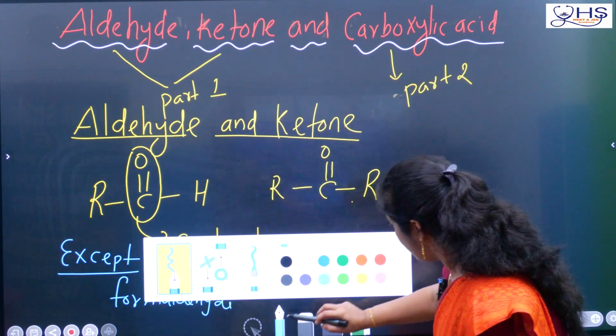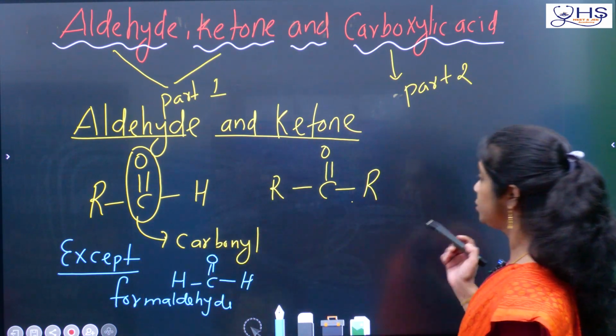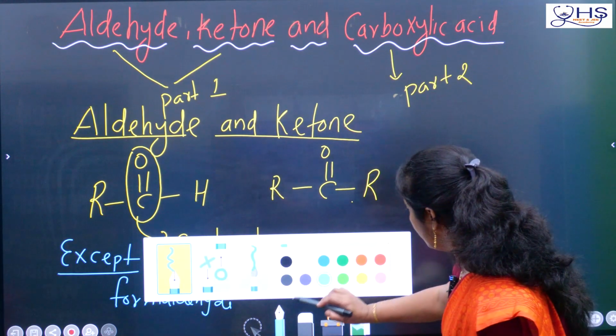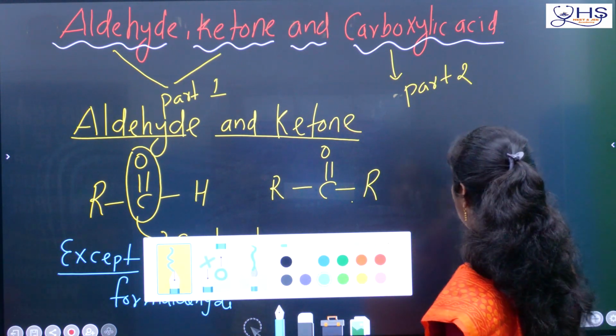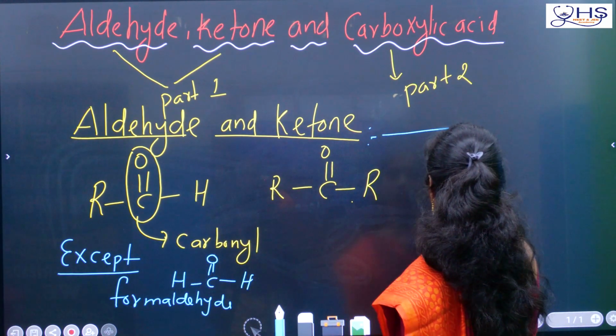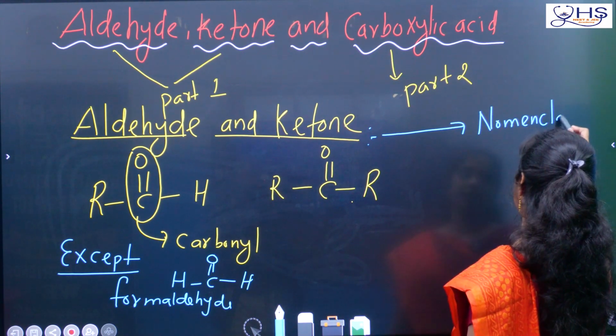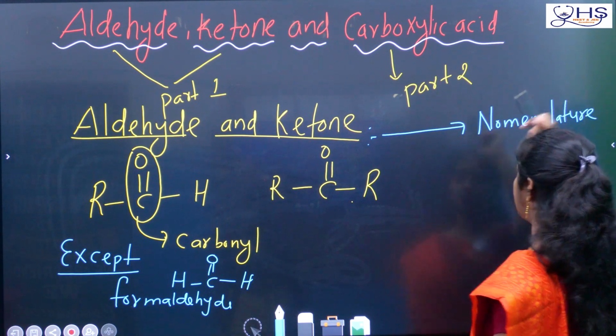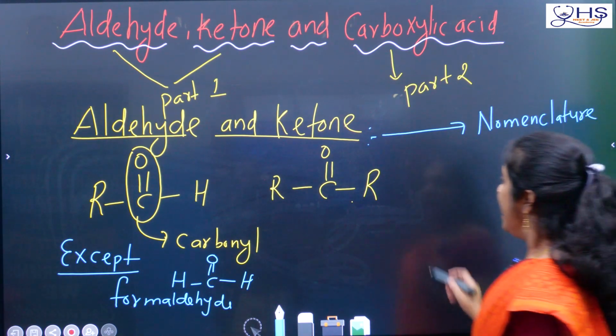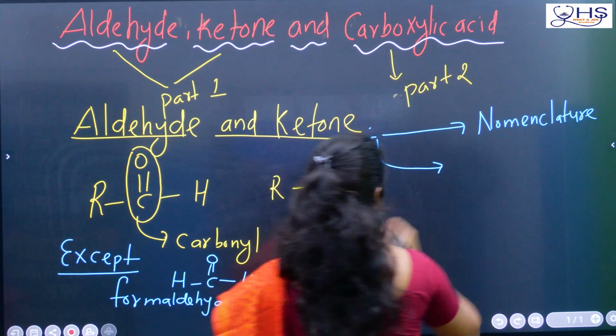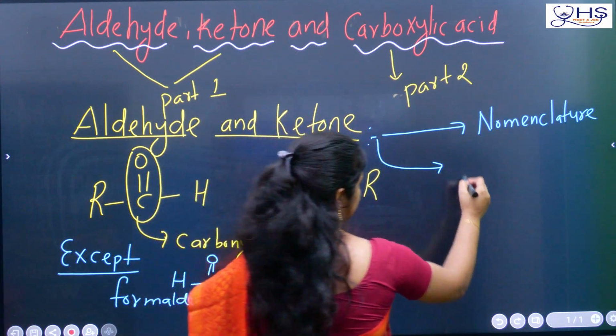So in this chapter, from which portions are questions coming? We will divide the whole chapter into three parts. From aldehydes and ketones, you are going to get questions from the nomenclature part. Very important, compulsory questions will be there, one or two. The second part from where you are going to get questions is the preparation method.